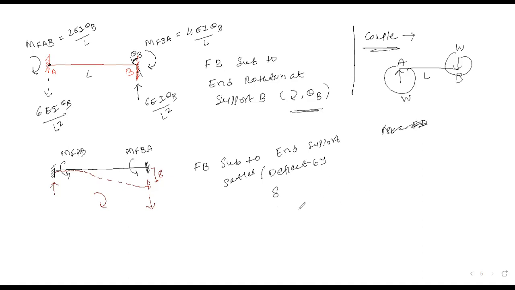So for that, fixed end moment MFAB should equal MFBA, both being anti-clockwise. That's the reason minus 6 EI delta by L square. This is your value. Clear?